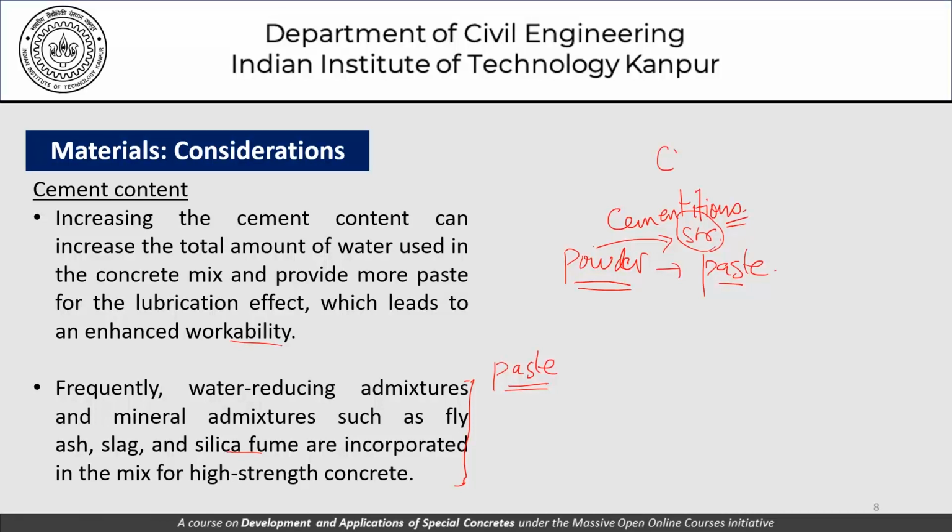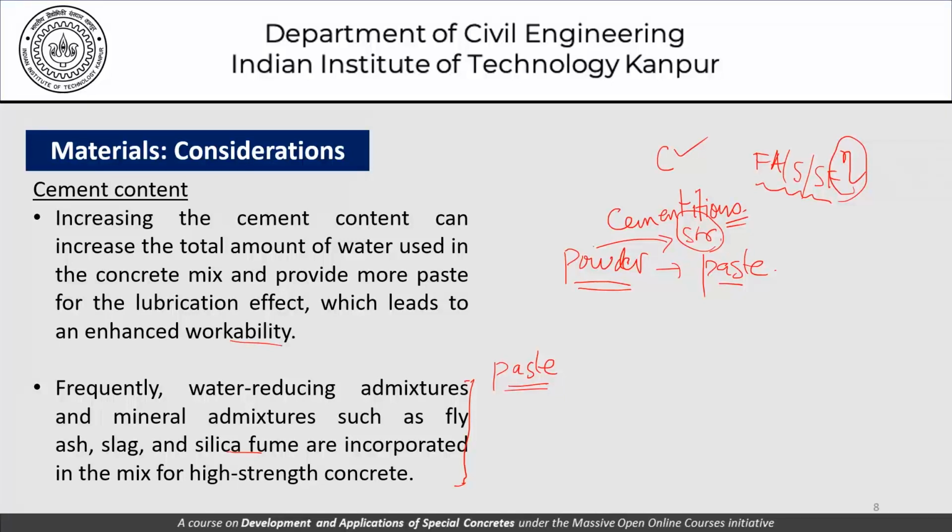Cement, of course, yes, there is no doubt about it. When it comes to fly ash or slag, or for that matter silica fume, we still talk in terms of how efficient they are, or what is the mineral efficiency of these mineral admixtures in terms of their contribution to the strength part.